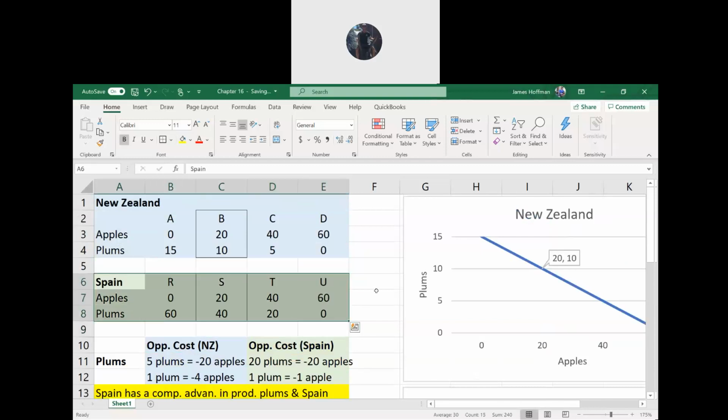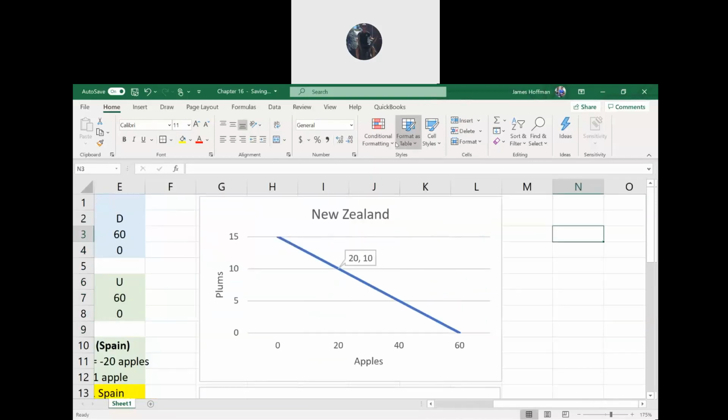All right. So if you look at New Zealand's production possibilities curve, if they produce only apples, what's the maximum number of apples they can produce? New Zealand's going to produce only apples.